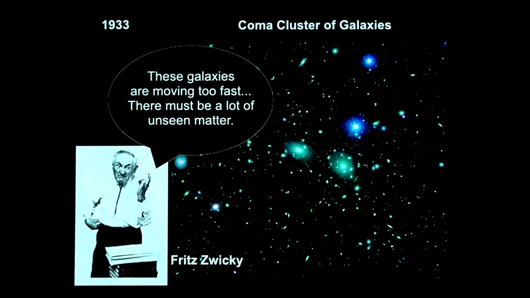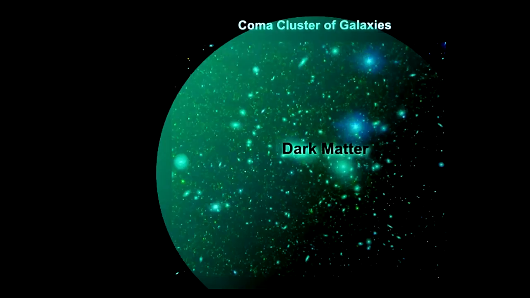From this, he proposed the idea that there's actually an additional bunch of mass out there that he called dark matter. This was the first piece of evidence that there was something else out there in the universe tugging on things gravitationally. He found that he needed more than 10 times as much extra mass out there than the stuff we could see.